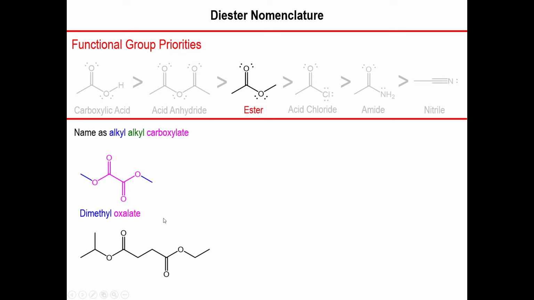Okay. Another example, where I purposely changed the chain so they're different from each other. On the left side, we have an isopropyl substituent. On the right side, we have an ethyl substituent, right? And then in the middle, if we look carefully, this is a 2-methylene linker. We also know this as ethylene.